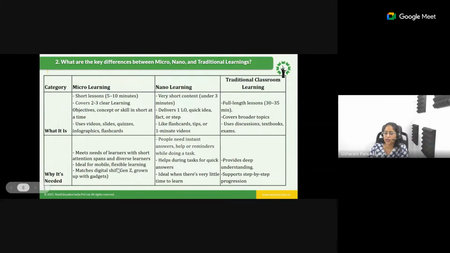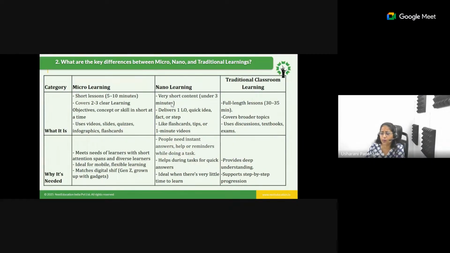And it matches the digital shift, because Gen Z are the youngsters growing up with gadgets, so they are at a faster pace compared to us in exploring new content, experiences, and technology.